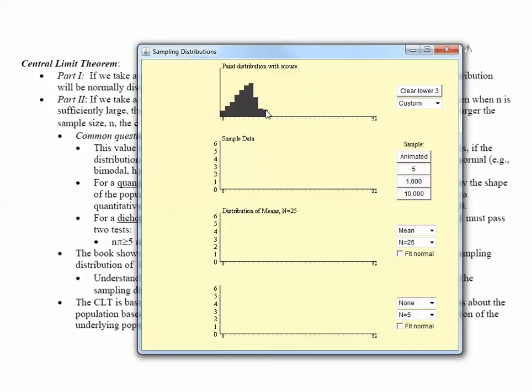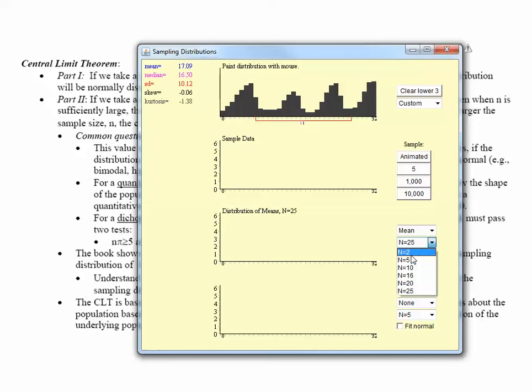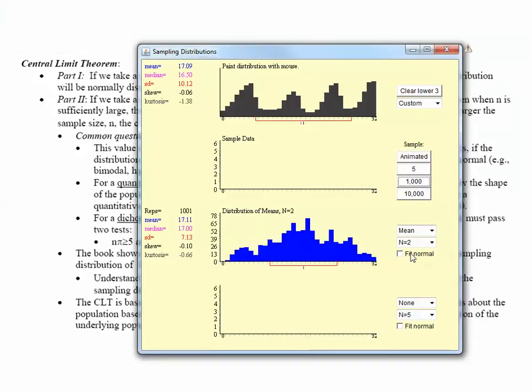I'm just going to create a distribution that is obviously not normal. If our sample size is very small, and we do this 1,000 times, we get a distribution that's obviously not normal.